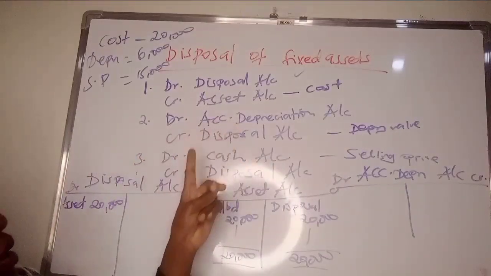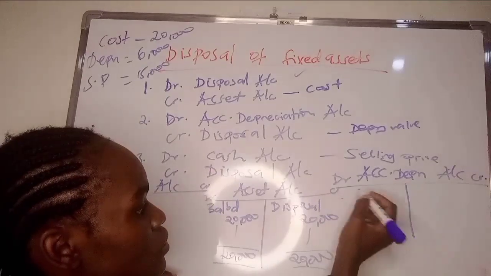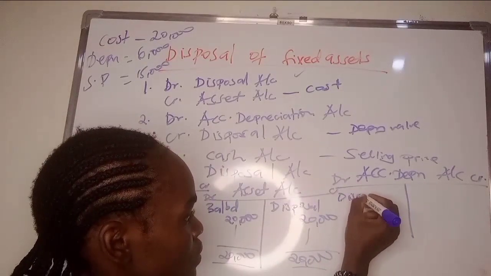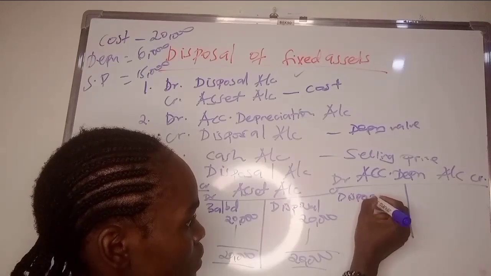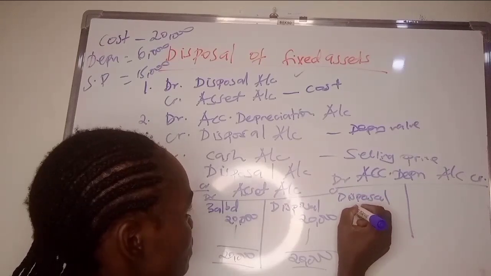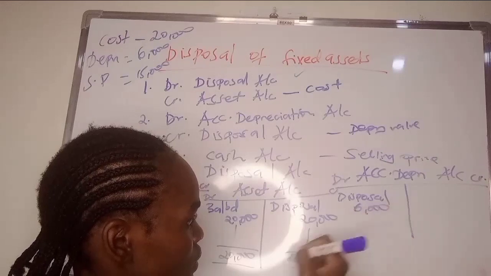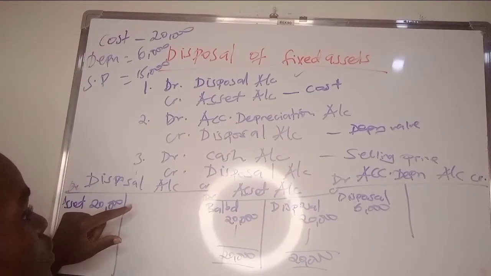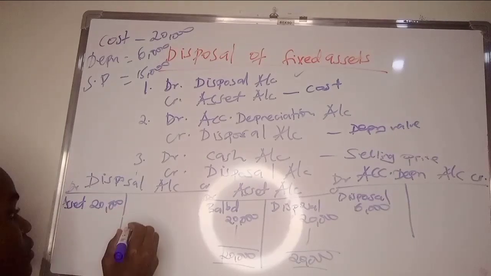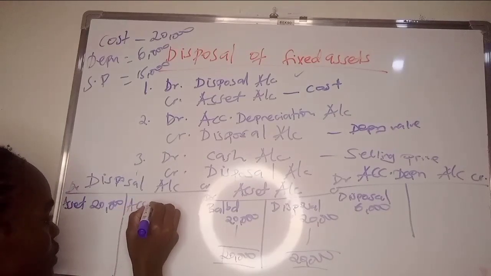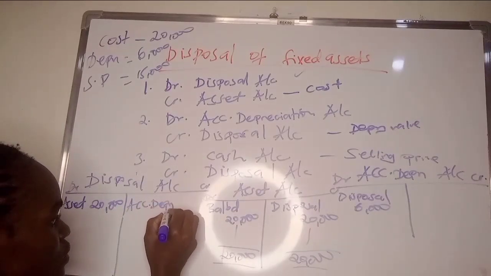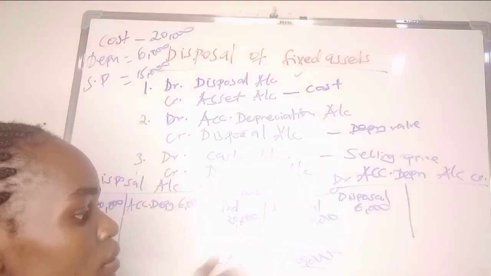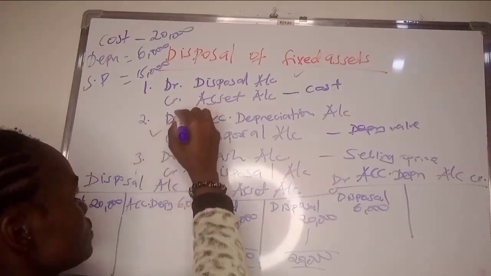We debit the accumulated depreciation account, so we put disposal, which is 6,000. Then in the disposal account, we credit accumulated depreciation 6,000. Then this is also done.